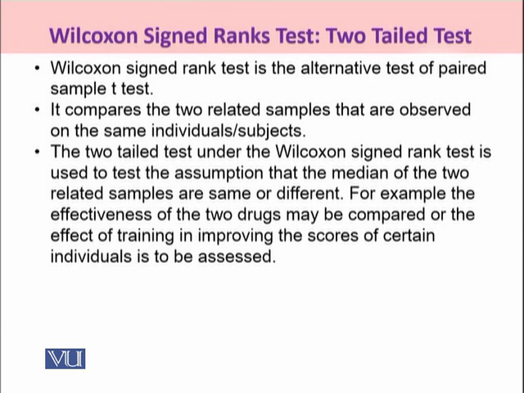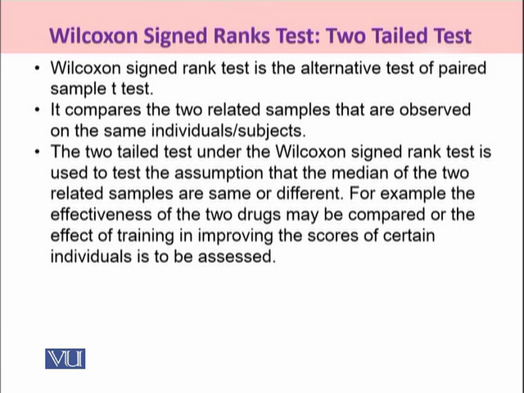So if that assumption of symmetry is not met, we cannot test the mean difference between the two related samples using a t-test. The possible alternative in that case would be the non-parametric test, that is Wilcoxon Signed Rank Test. This test compares the two related samples that are observed on the same subjects or individuals.